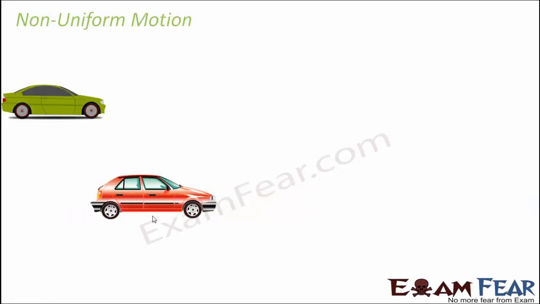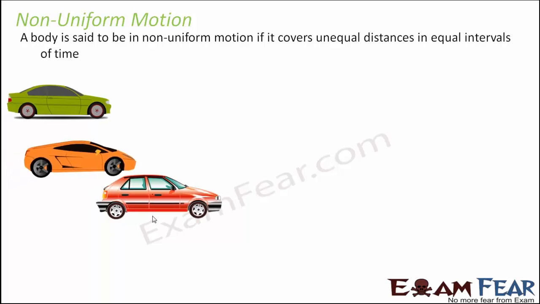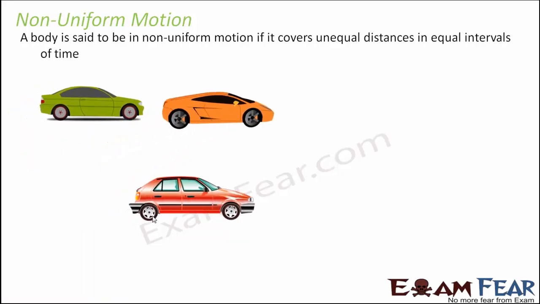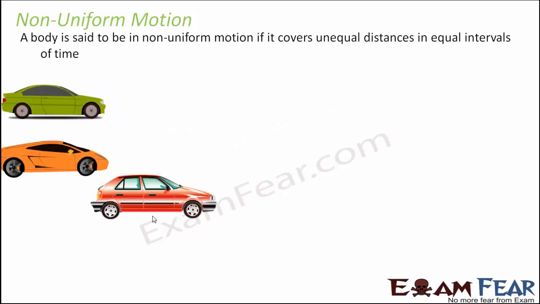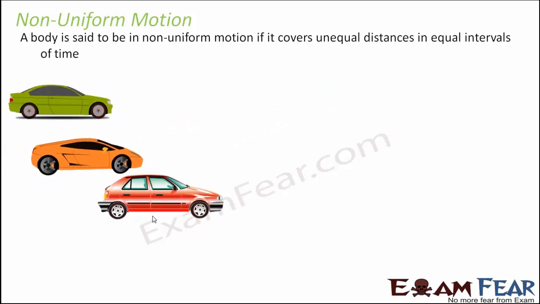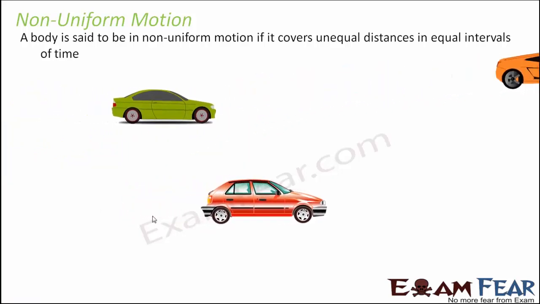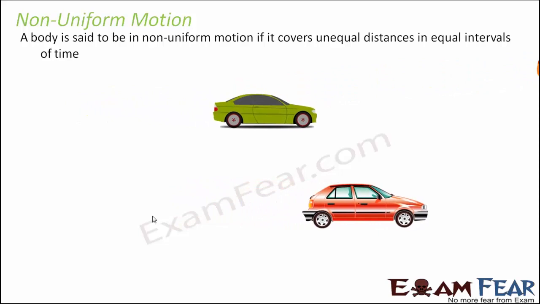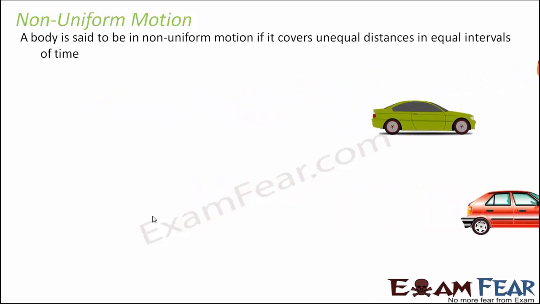Whereas when we talk about non-uniform motion, that means it covers unequal distances in equal intervals of time. As you can see in this picture, here you have different vehicles. All of these are moving with different speeds. Sometimes it covers more distance, sometimes it covers less distance. As you can see here, the orange colored car initially was moving very slowly.